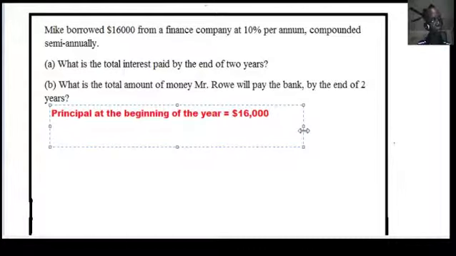Look at year 1. Principal at the beginning of year 1 equals $16,000.